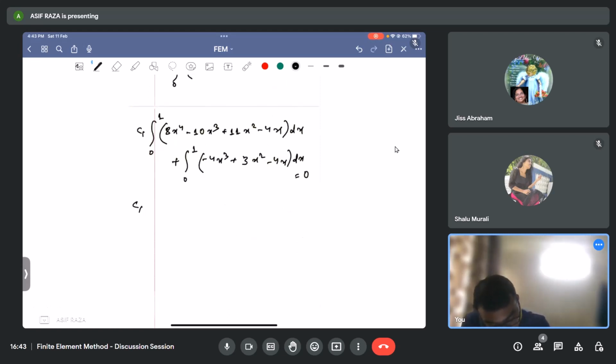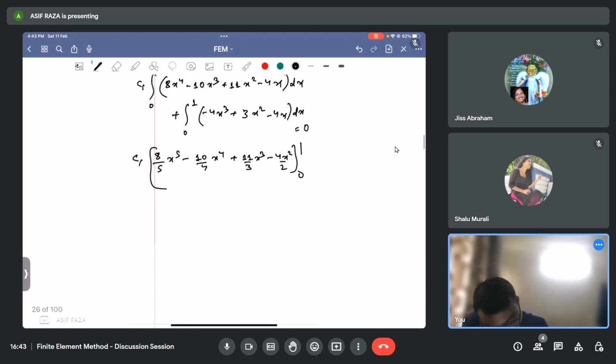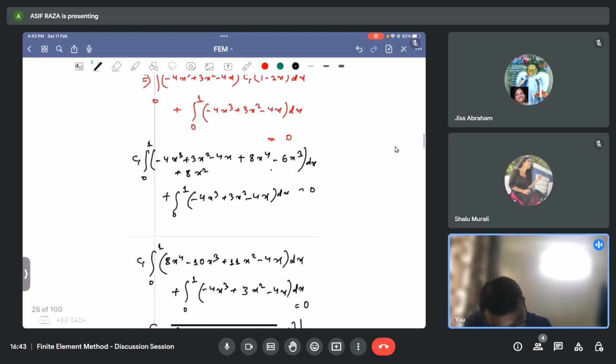Okay, so integration will be 8 by 5 x5 minus 10 by 4 x4 plus 11 by 3 x cube minus 4x square by 2, all integration to be done from 0 to 1, plus 0 to 1, right? Yeah.